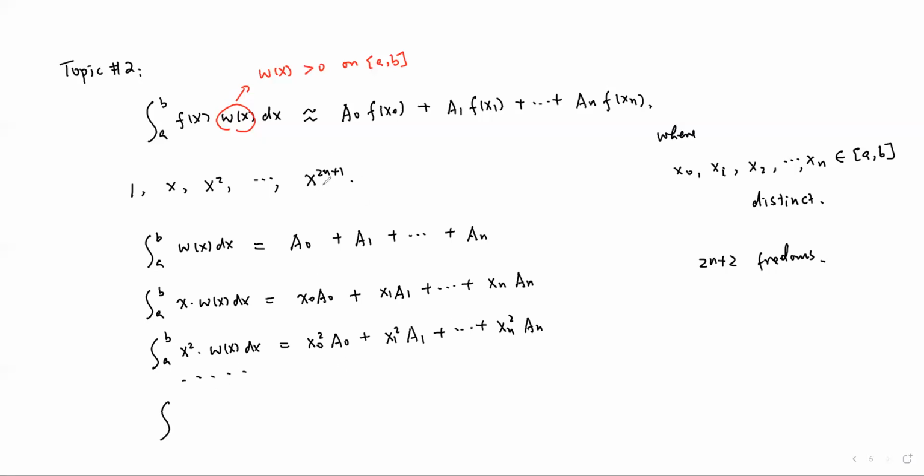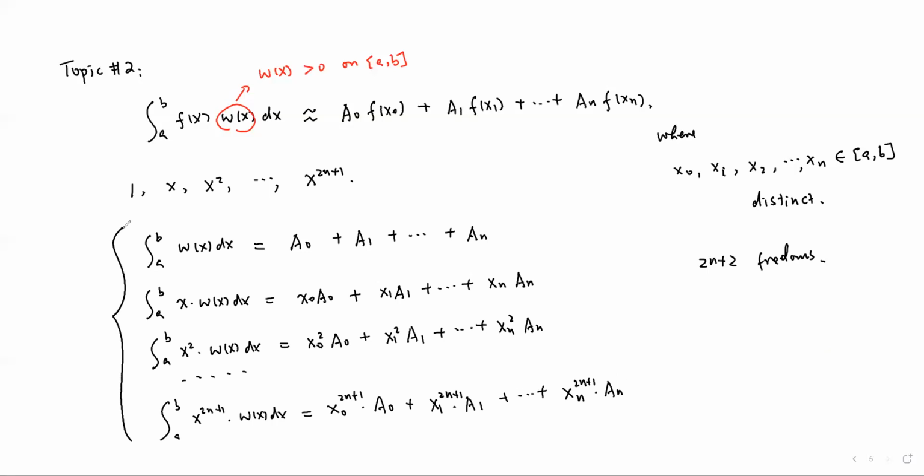Plug in the last function, x to the 2n plus 1 times W: x0 to the 2n plus 1 times A0, x1 to the 2n plus 1 times A1, and xn to the 2n plus 1 times AN. Yeah, so this is a system of 2n plus 2 non-linear equations.